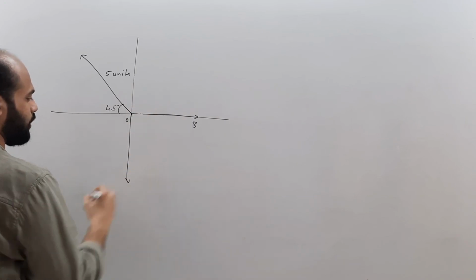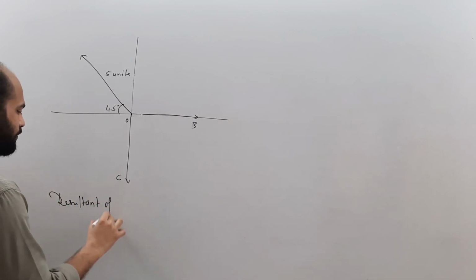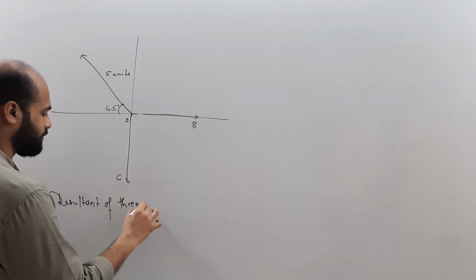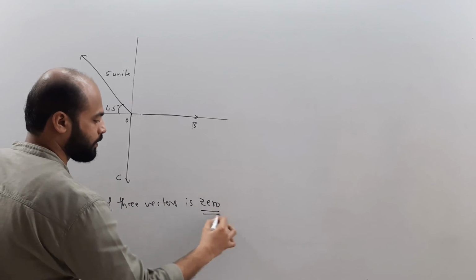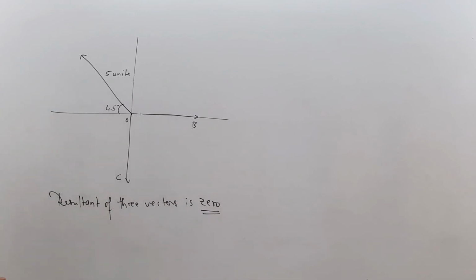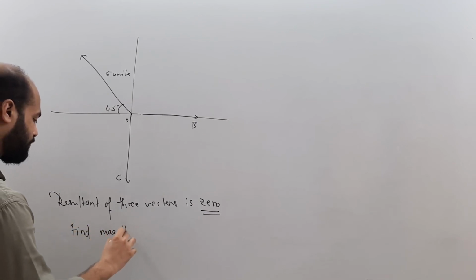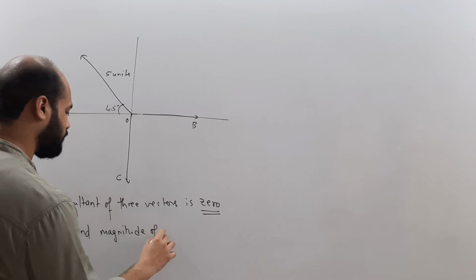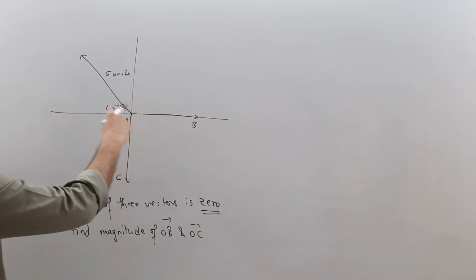This is the third vector along y-axis, which is OC. Now it's given to us that the resultant of 3 vectors is 0. This information is given to us in prior. We have to find the magnitude of OB and OC bar, that is this vector and this vector.